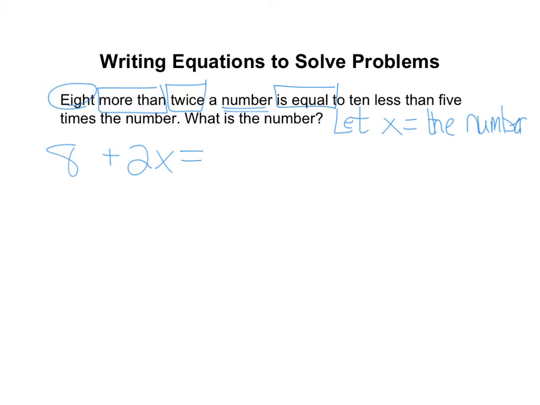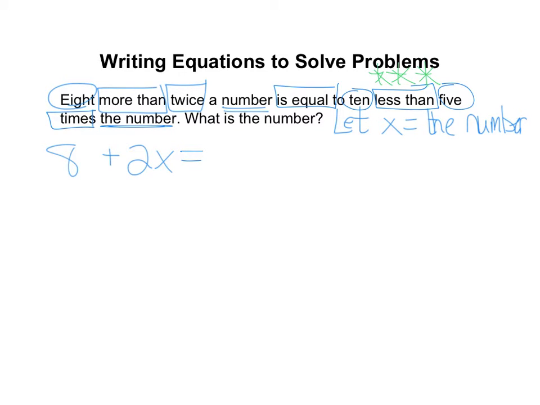Then I see a number, 10. I'm going to circle my numbers. Less than, that's my operation, 5 times the number. So 5's a number, times is an operation. The number is my variable. Now, this right here, less than. What do you remember about less than when we did our words into math?